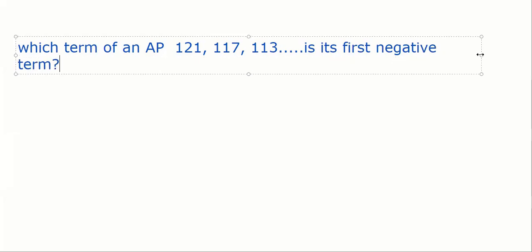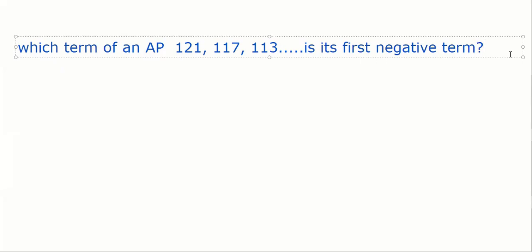I just want a method. Very easy, but you have to think more. Which term of the AP is the first negative term? How will you find out?